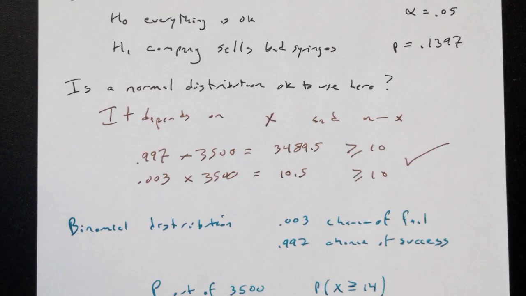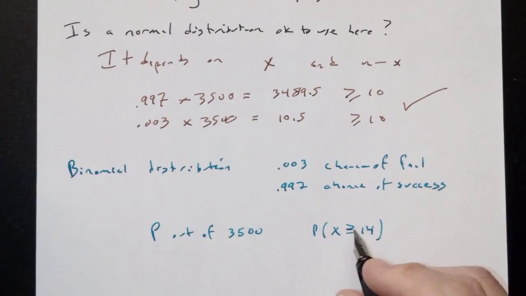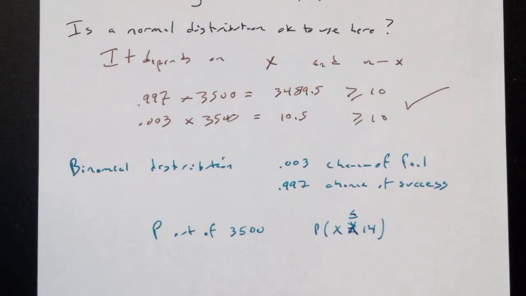And then I could look at this chance and I could say, actually, I think I want to go the other way. Let's not use more than. Let's use less than 14. Think about the binomial picture, right?